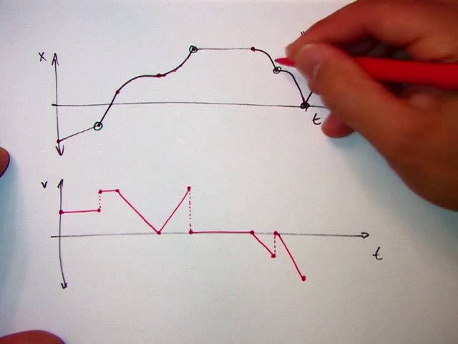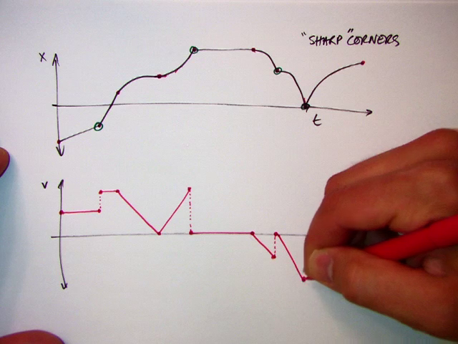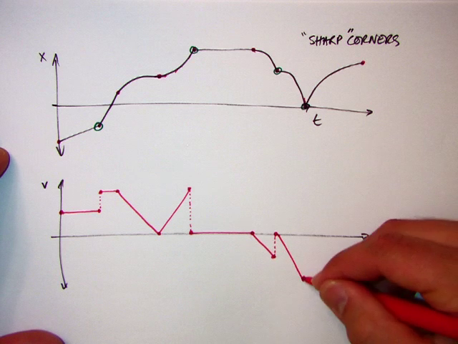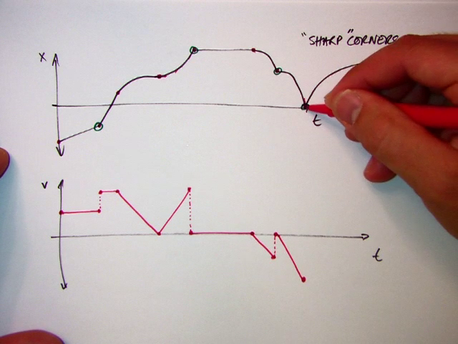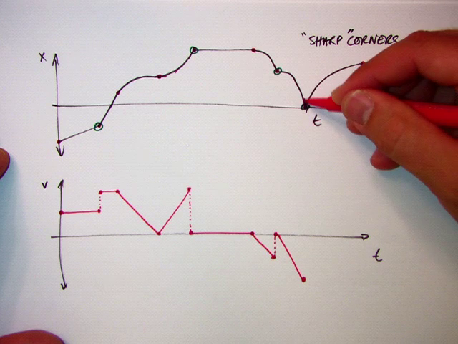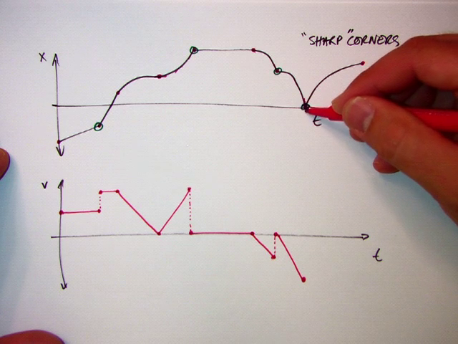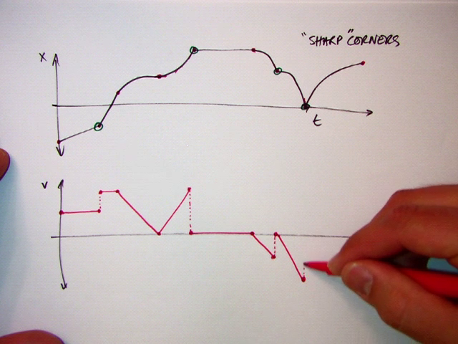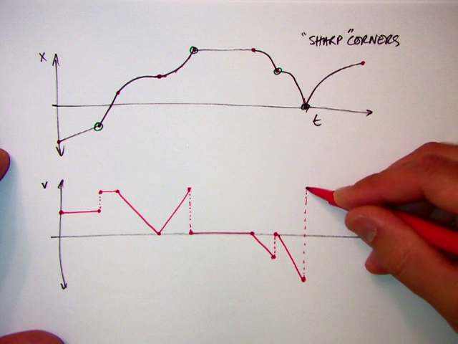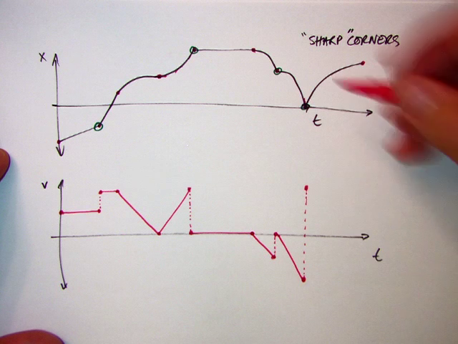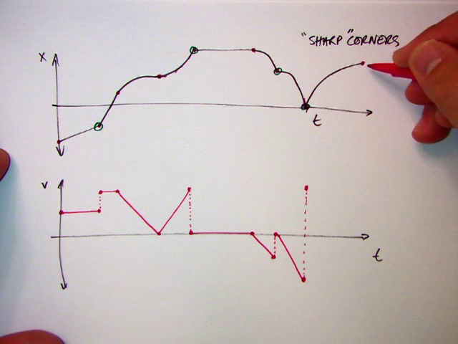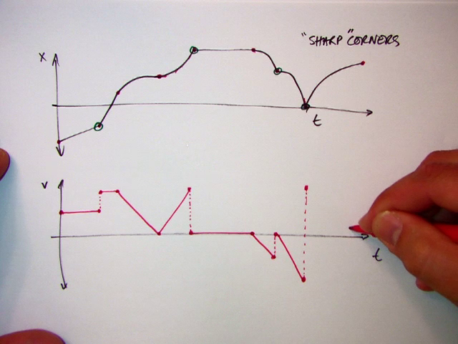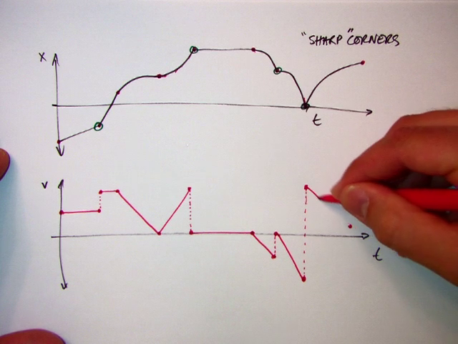This is steeper than this, so I'm going to a greater negative velocity. And then I have another discontinuity or sharp corner where I go from a negative velocity to a positive velocity right away. And then that flattens out towards 0, almost 0, not quite. So I'm decreasing like such.